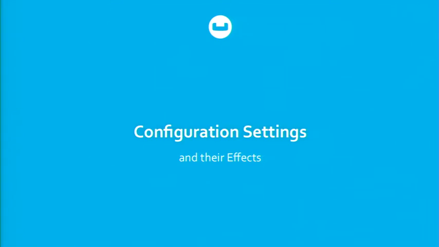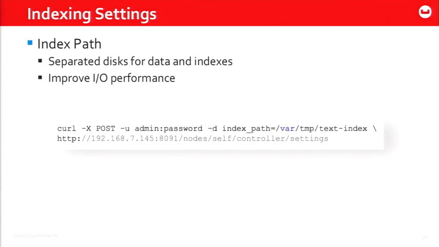Okay, let's talk a little bit about configuration settings. I apologize that it's a little bit hard to read this. This is usually not the case, so it has to be related to this projector. But the first setting we are covering is the index path, right? It indeed makes sense to have another location for your indexes than for your data.